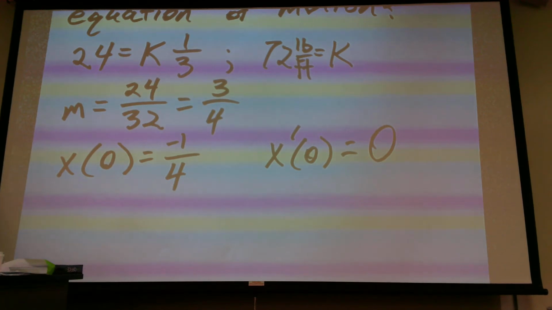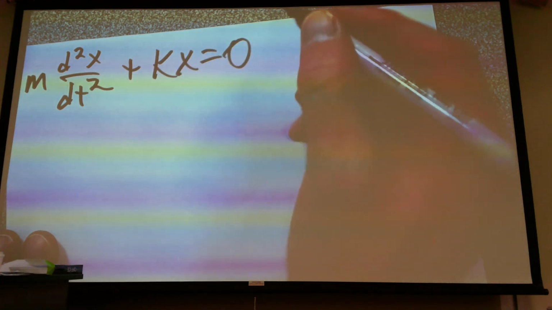All right. So remember that this was m times the second derivative of x with respect to time, plus kx, which is going to equal 0.